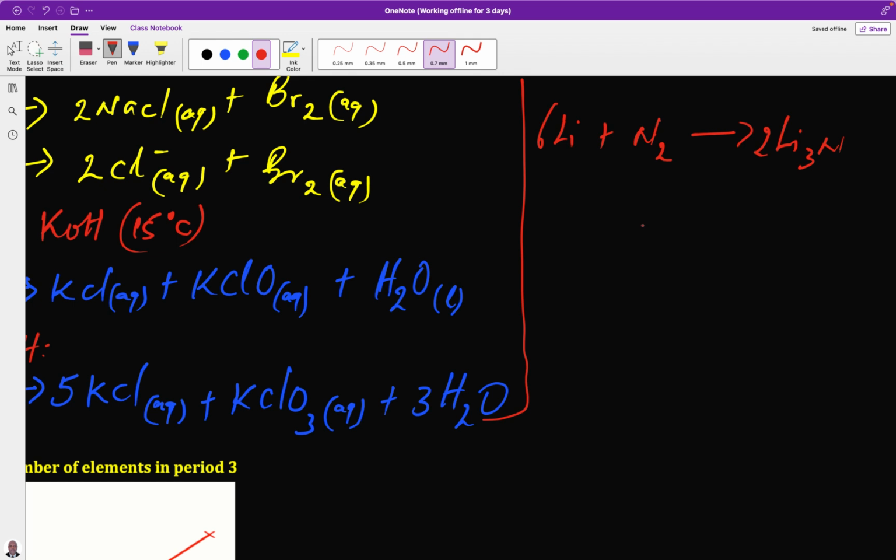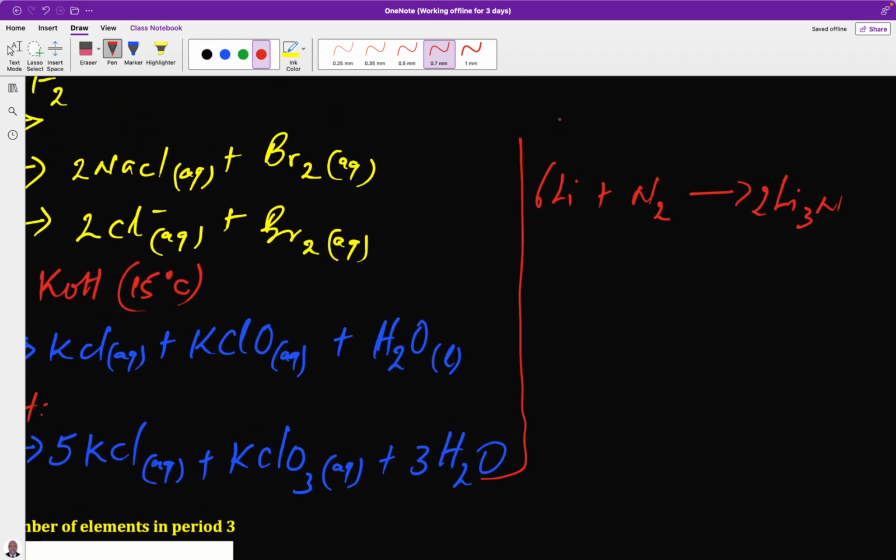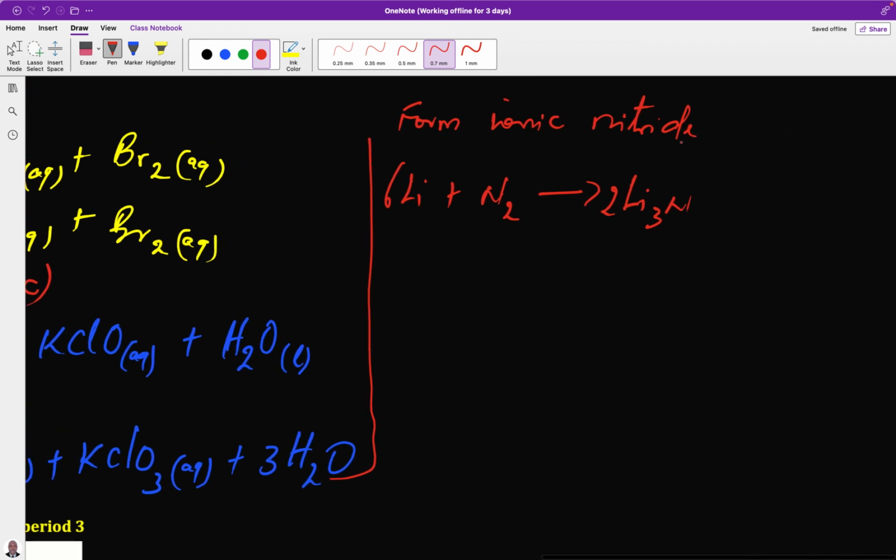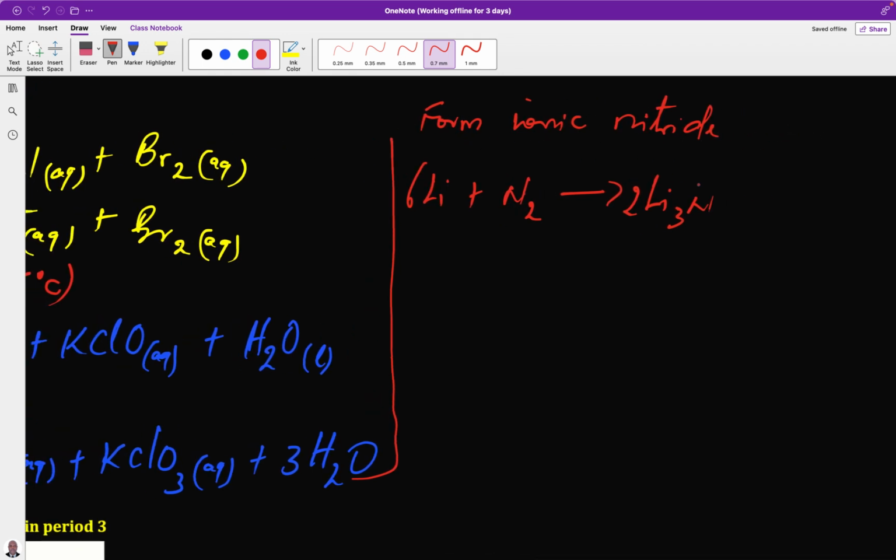So I can say both form ionic nitride when heated in the atmosphere with nitrogen.